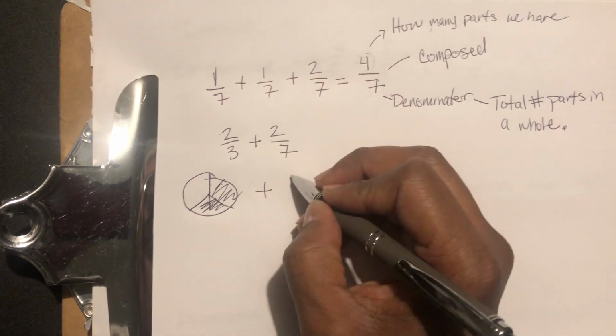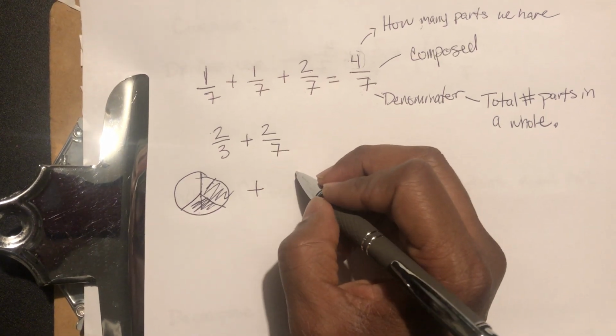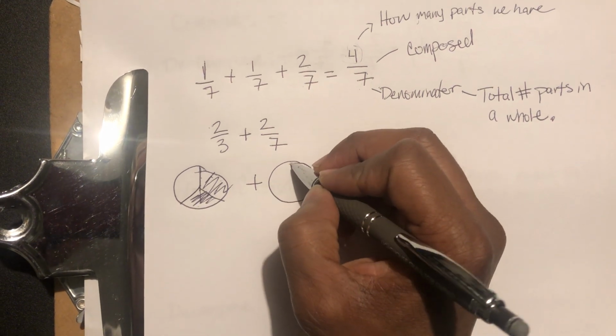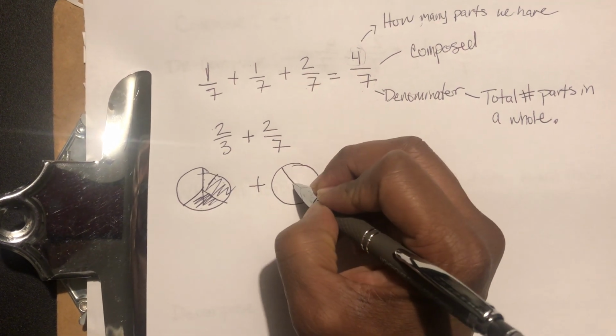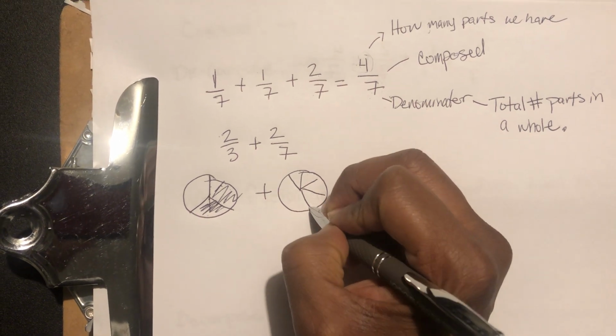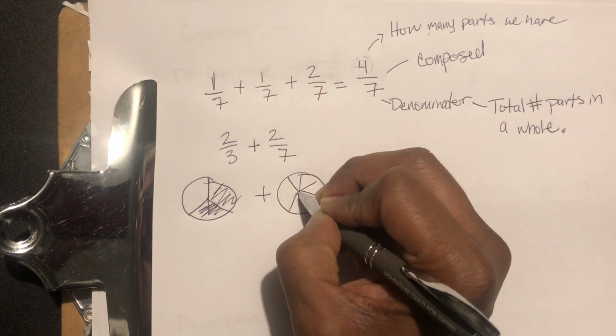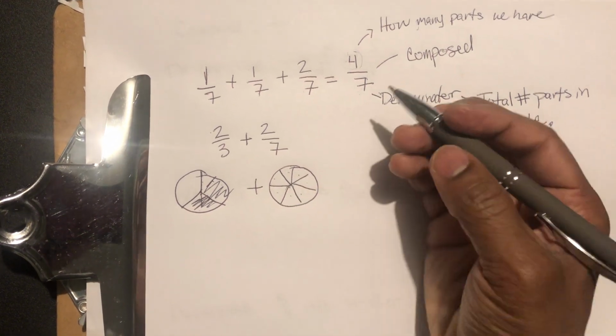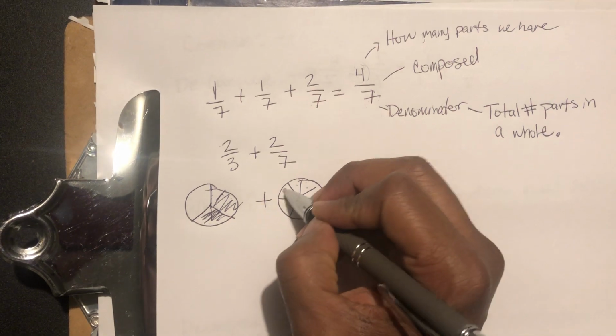And then this whole has been split into, this is going to be ugly. Why did I pick 7? It's been split into 1, 2, 3, 4, 5, 6, 7. Bam, got it. It's been split into 7 parts.